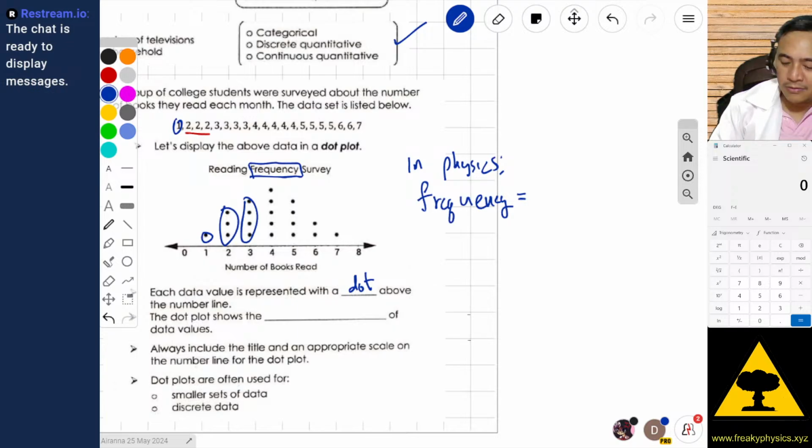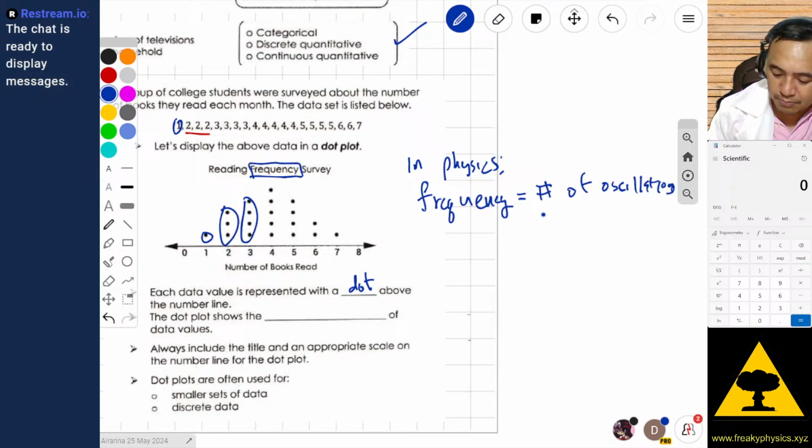Okay, I'll just tell you. Frequency is the number of oscillations per unit time, right?